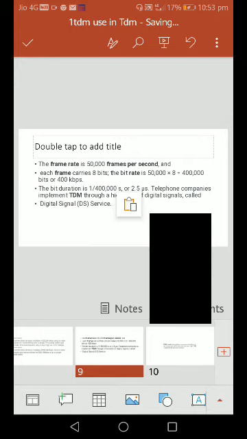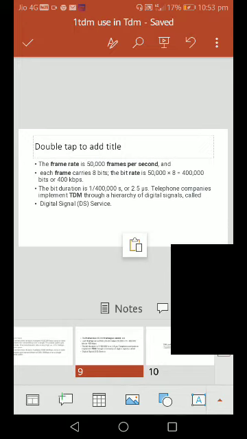To calculate the bitrate: 50,000 frames can be sent per second, each containing 8 bits, so 50,000 times 8 is equal to 400 kilobits per second. That's why we find the bandwidth from this bit rate.